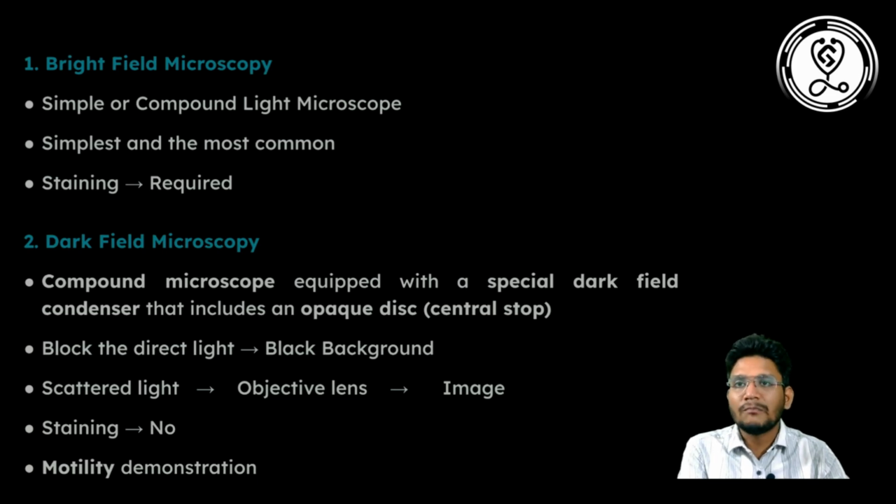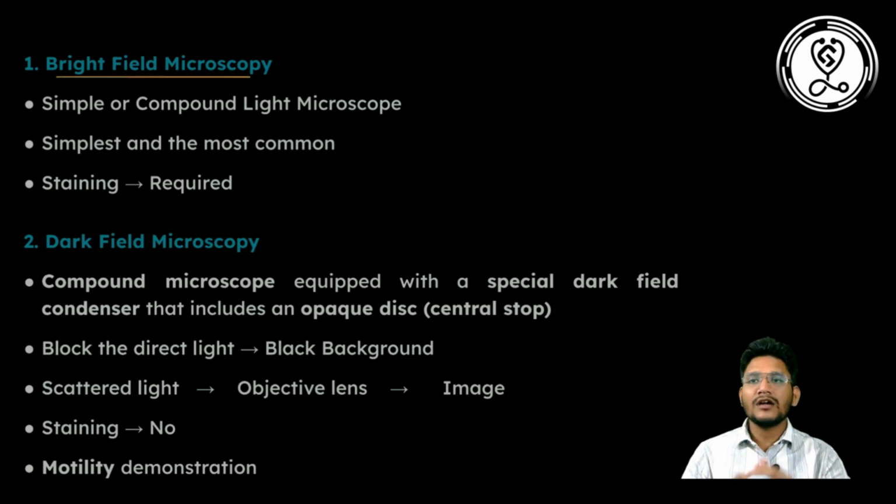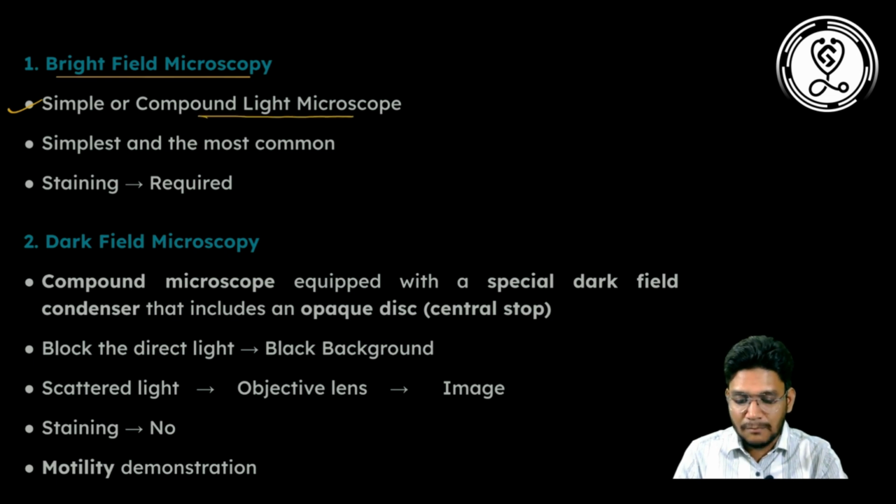Okay. So the first optical microscopy is bright field microscopy. See, field means background, and here the background will be bright. Okay. So in bright field microscopy, the background will be bright. Okay, and here we can use a simple or compound light microscope to perform this microscopy. Clear?